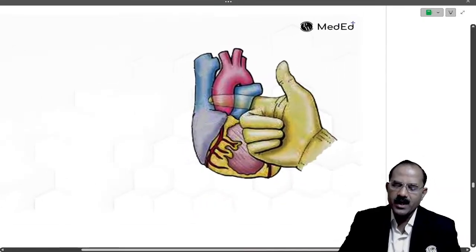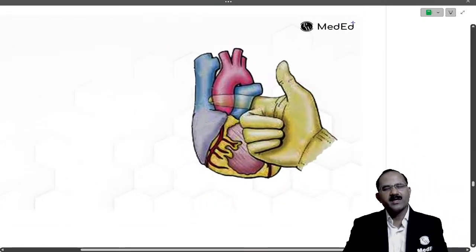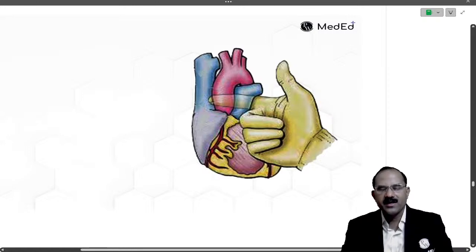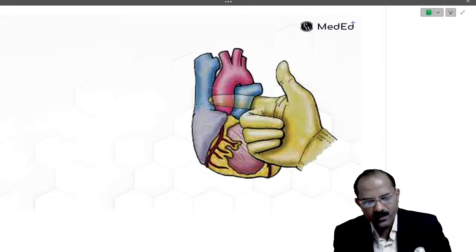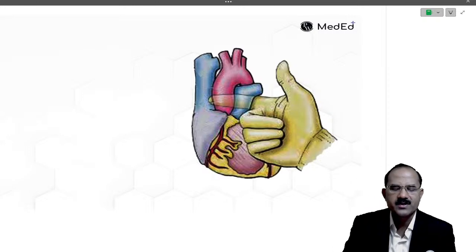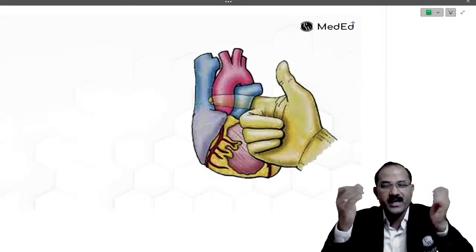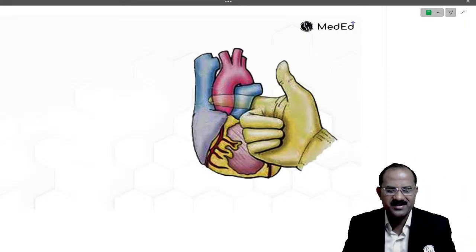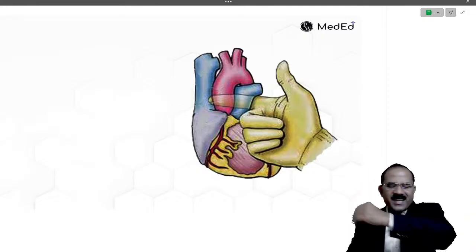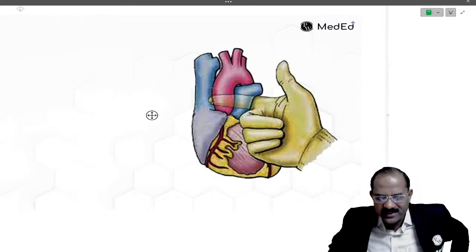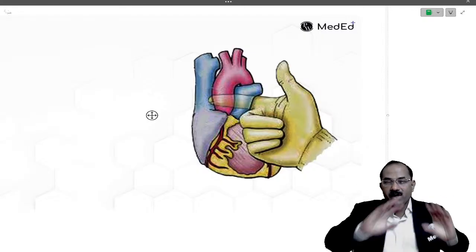Perfect. Come on, students, can you tell me what this is indicating? What is this visual? If this comes as an OSPE slide or a visual slide for you, what are you going to write about this? Transverse sinus, that's excellent. Transverse sinus lies between what and what?